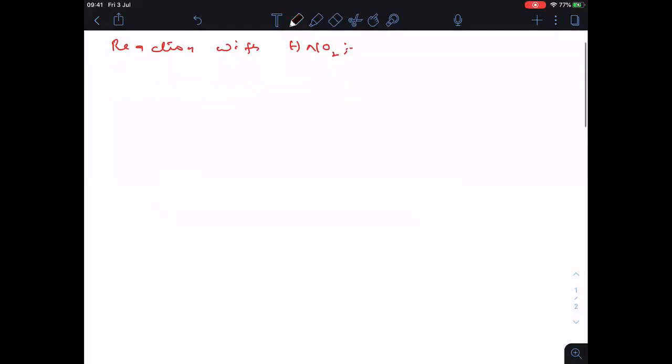Okay. So, how will this reaction happen? Here I am taking RNH2, a primary amine.